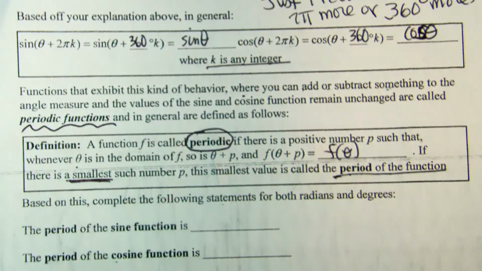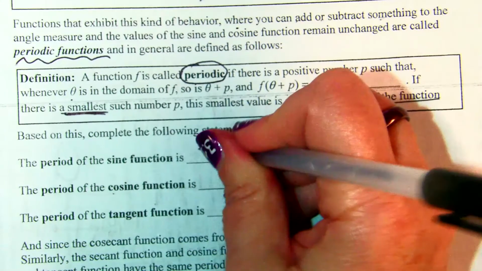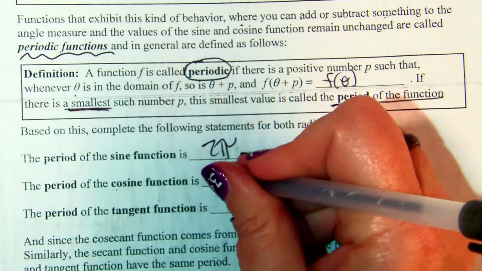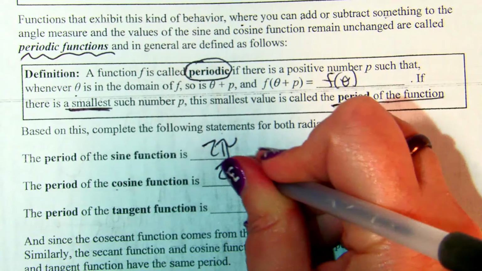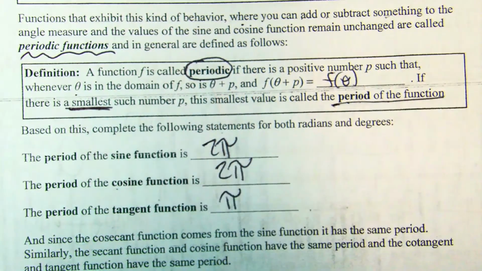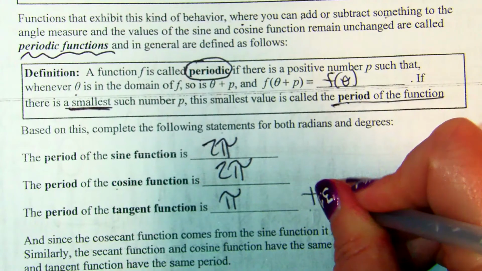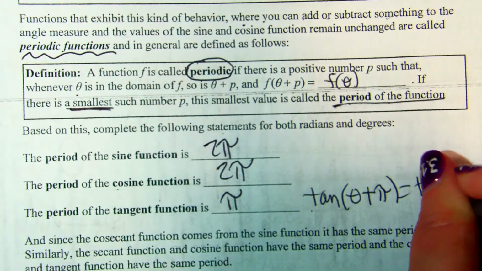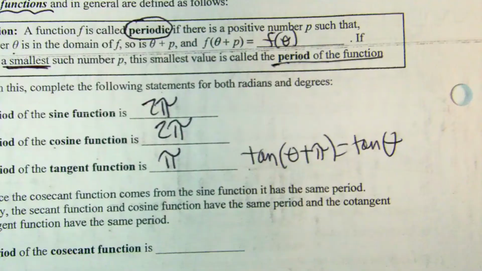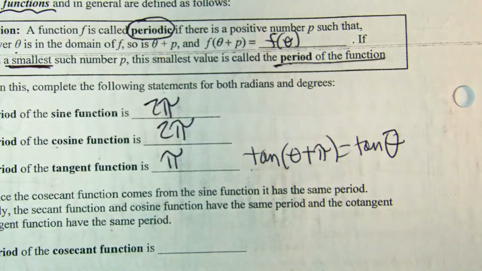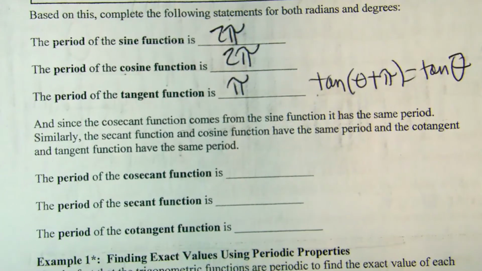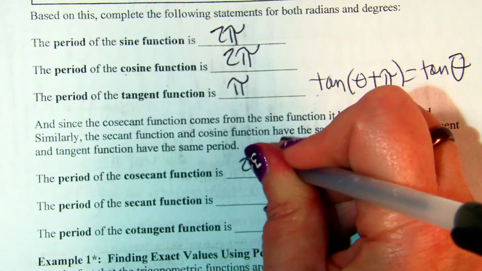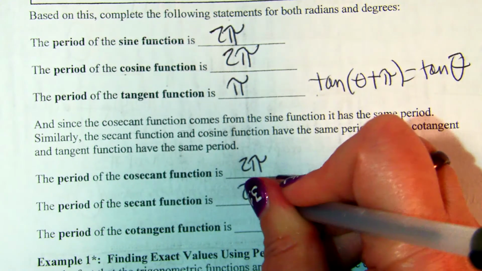Well, based on this, the period of sine is 2 pi, or 360. That's the smallest you can add to end up in the same place on the unit circle. And for tangent, the period is pi. Tangent of theta plus pi equals tangent of theta. And because they're reciprocals, the period of cosecant is the same as sine, so 2 pi, and for secant 2 pi.